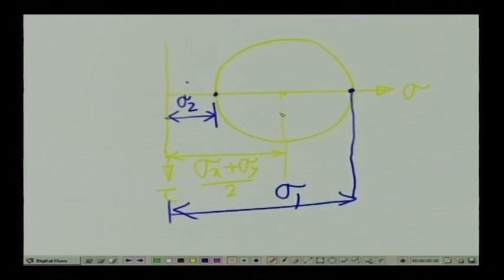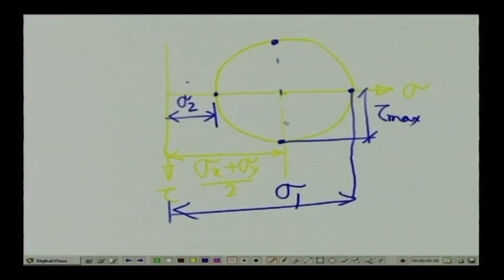And the third question: on the plane where maximum shear stress acts, what is the value of the normal stress? These are the planes where the maximum shear stress acts. This is the maximum positive shear, this is the maximum negative shear, and the value of the maximum shear stress is the radius of the Mohr circle, tau max.